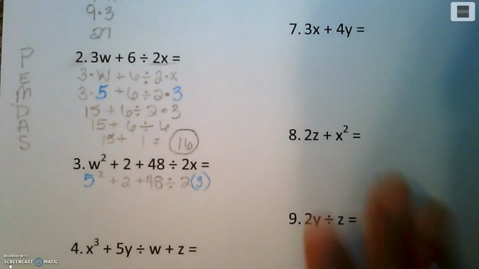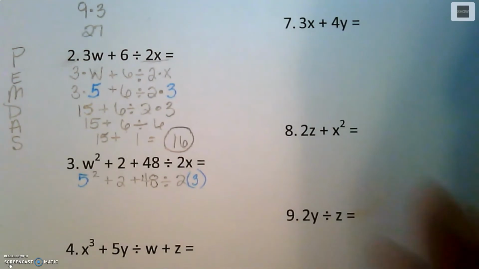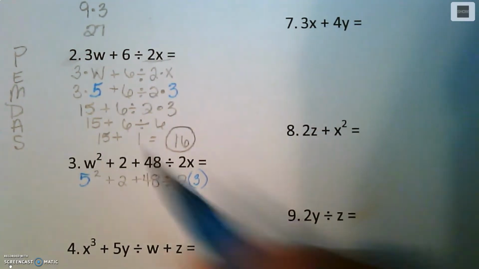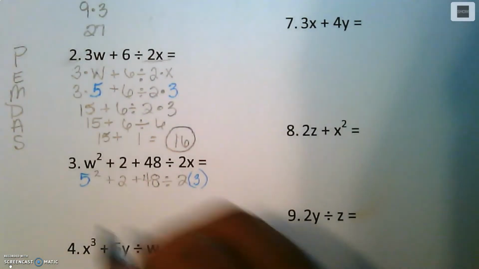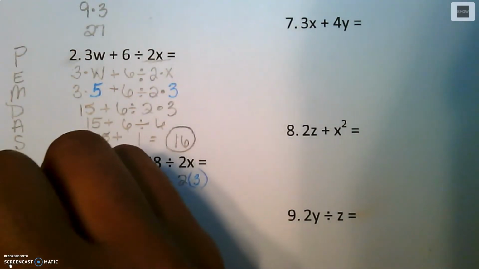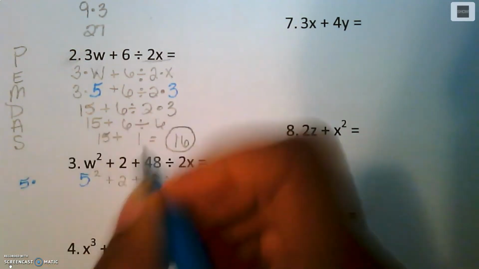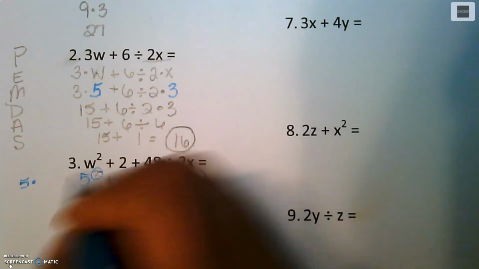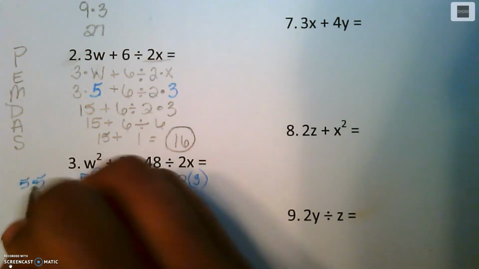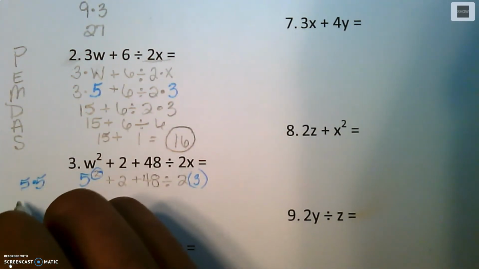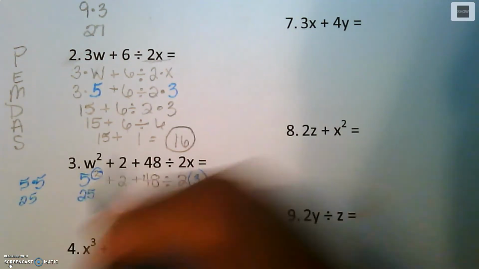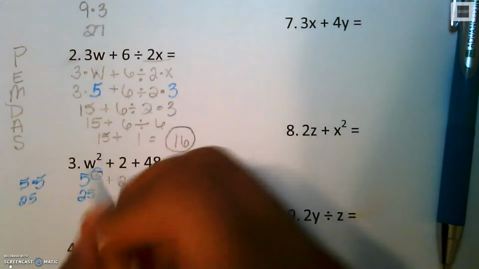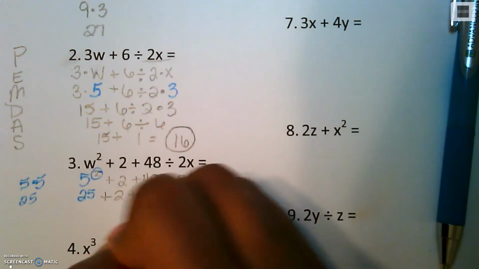Okay, it's closer so you guys can see. Alright, so we have an exponent here. I do my exponent first. To the power of 2 means I multiply 5 twice. So I have 5 times 5, which gives me 25. So I put 25 here. And then I rewrite everything else.